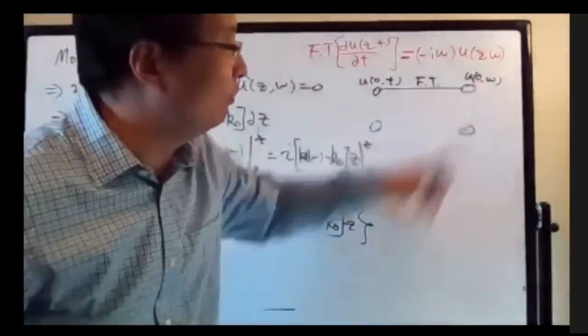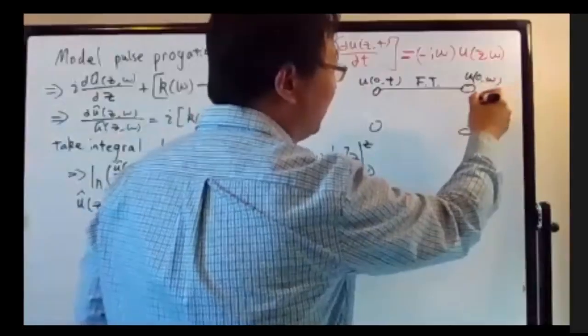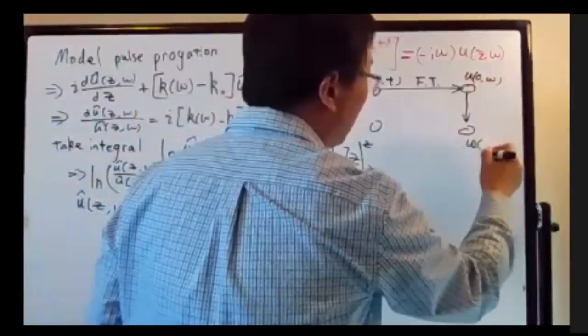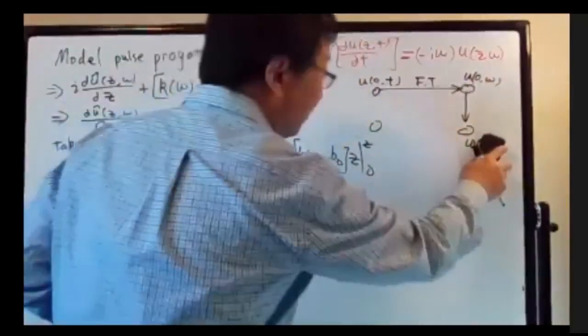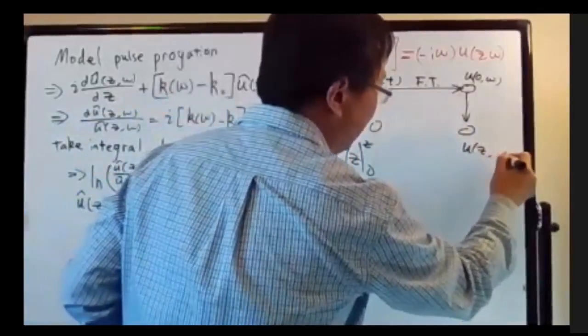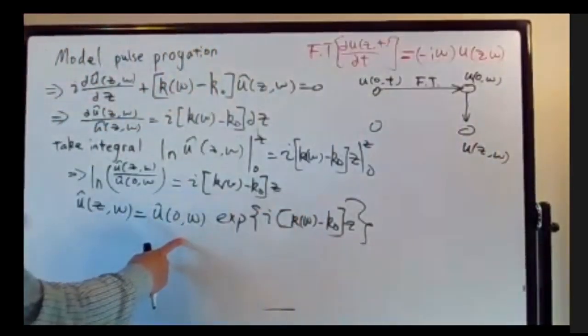We take a Fourier transform, and then after that we propagate, becoming u z omega, right? Using what? This equation, right?